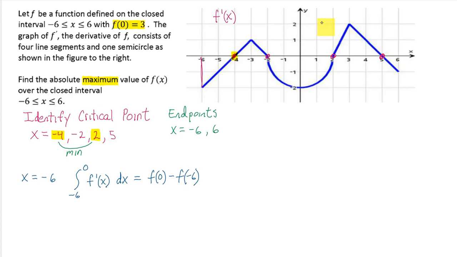This first one is just a triangle. Base times height, 2 times 2 is 4, divided by 2. This is below, so this is going to be -2. The second area, base times height, 2 times 1 is 2, divided by 2, that's +1. The next one is half of a circle. The area of a circle is pi times the radius squared. The radius here is 2, 2 squared is 4, so this would be 4 pi for the whole circle.